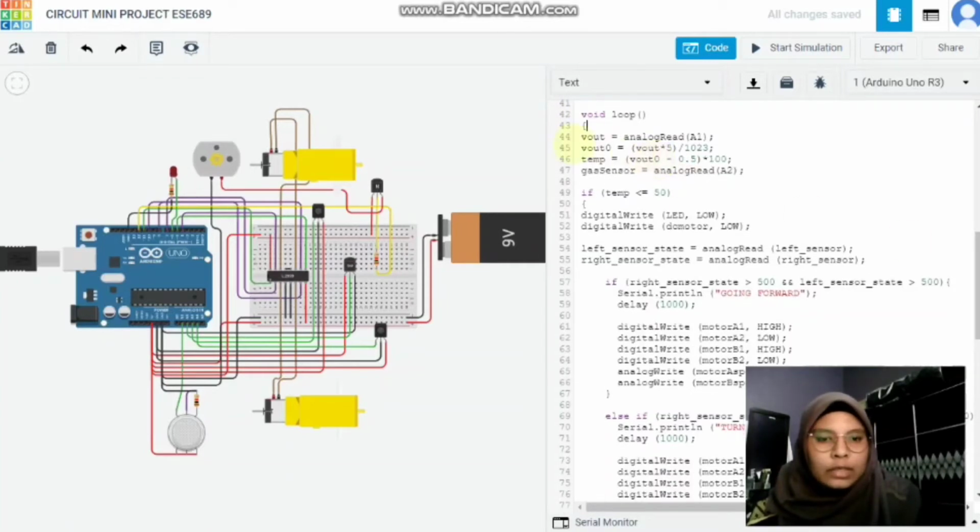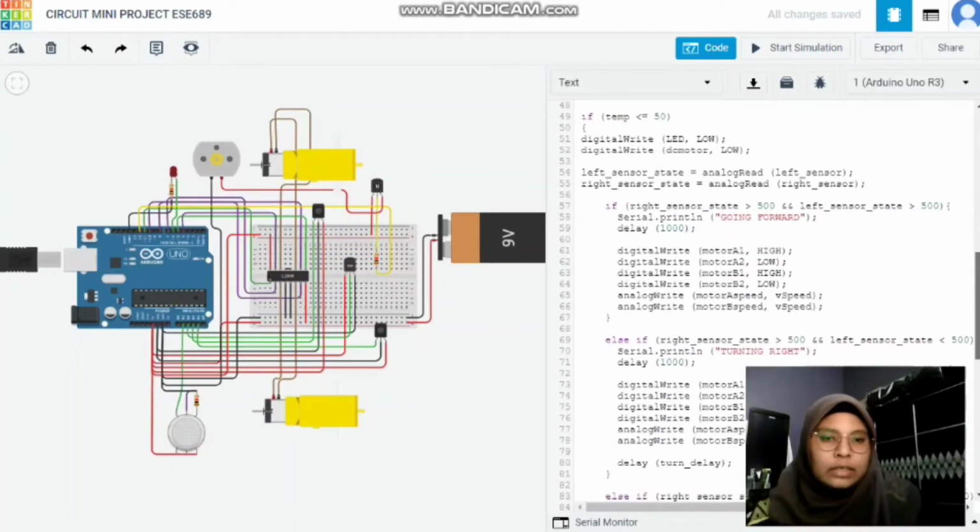At line 44 until 47, this involves the gas sensor and the temperature sensor. Once the gas sensor detects any smoke nearby, it will deliver a high and a low value to the temperature sensor, and the temperature sensor will produce the high value of temperature.